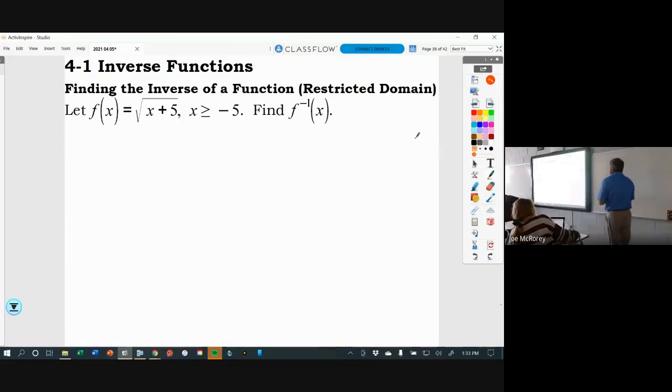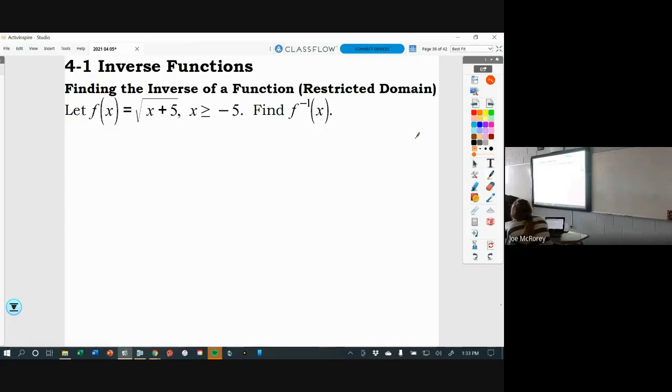Okay. So we're going to find the inverse of this function, and the domain is restricted. Can you tell me why the domain on f of x is restricted to being greater than or equal to -5? Because if x was -6, then you'd have the square root of a negative, and you can't do that.